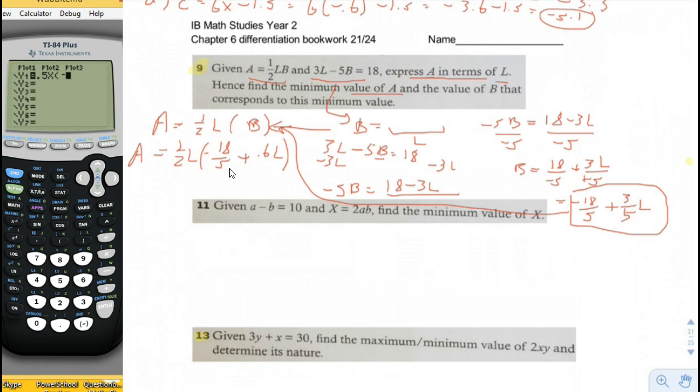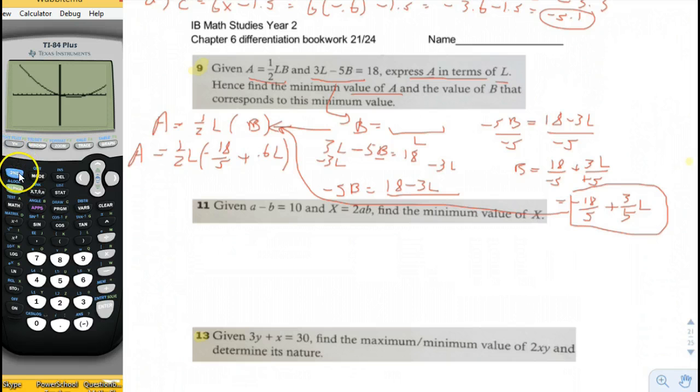I can just do that as a fraction. Then we don't need to simplify it. And then 0.6x. Okay. All right, the formula is in there, and then I'm going to graph it. And it says find the minimum value of A and the value of B that corresponds to this minimum value.